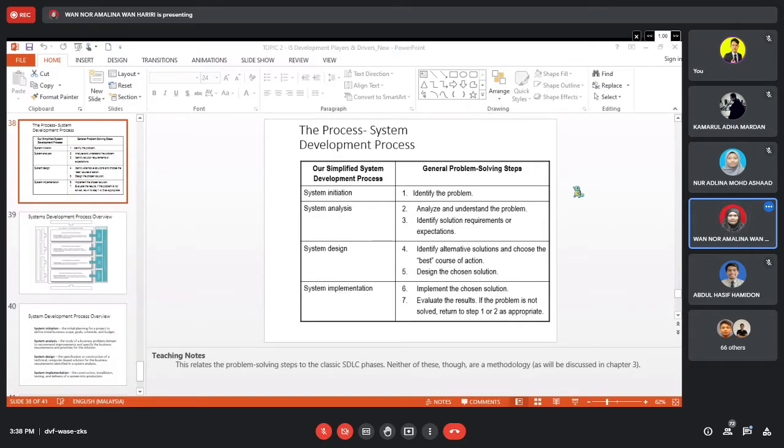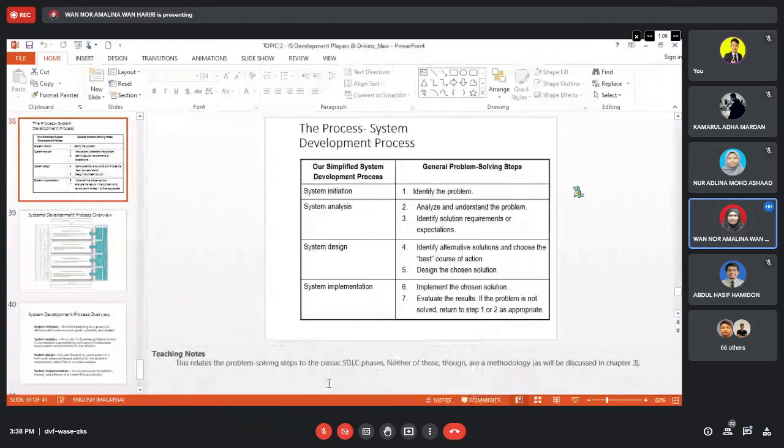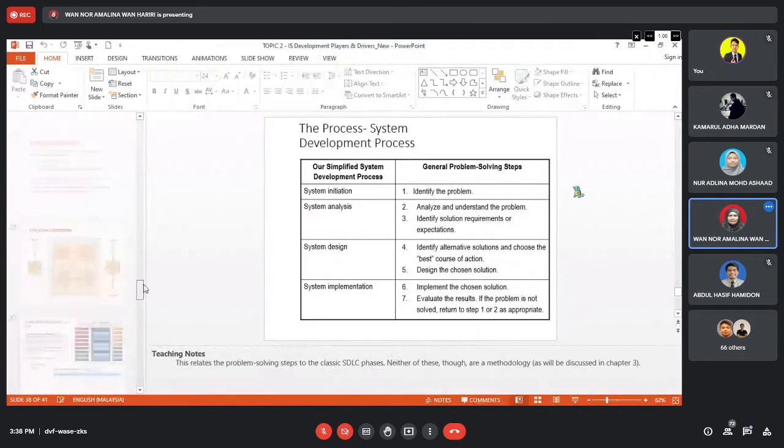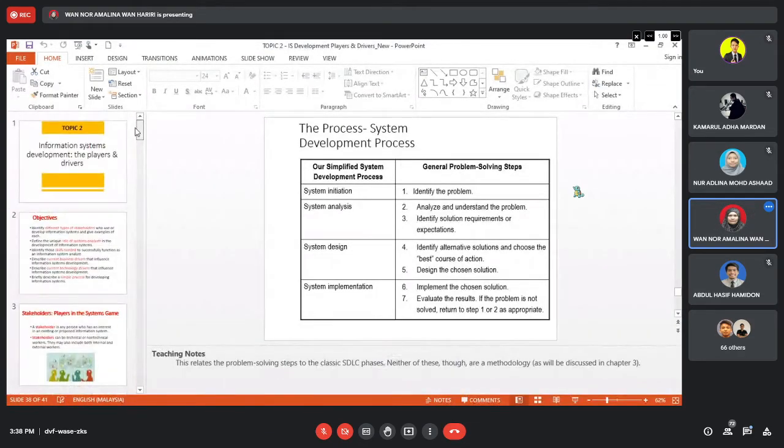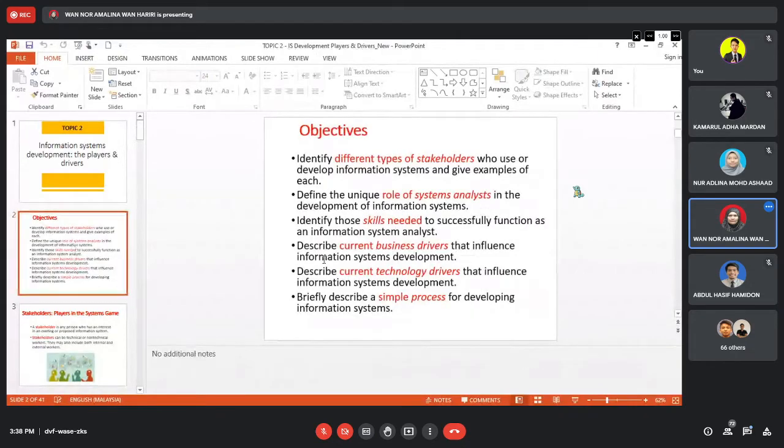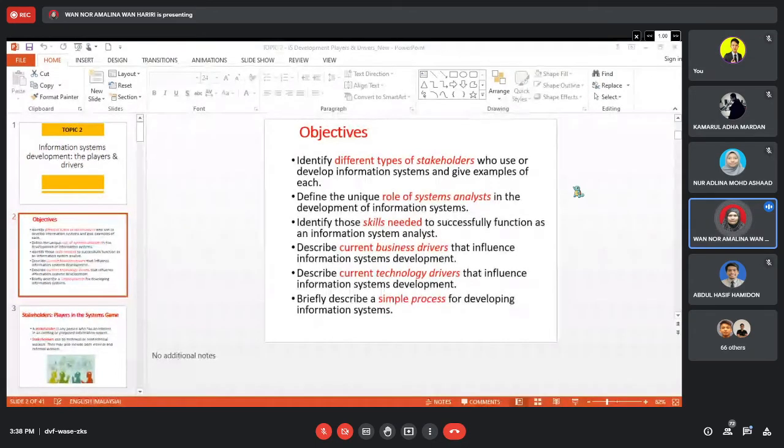Let's look back at the topics. Okay, look at the objectives. We have touched most of it. So regarding the skills to successfully function as an IS or systems analyst, what are the skills?